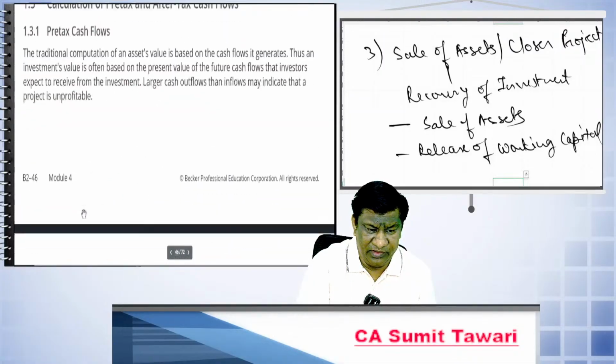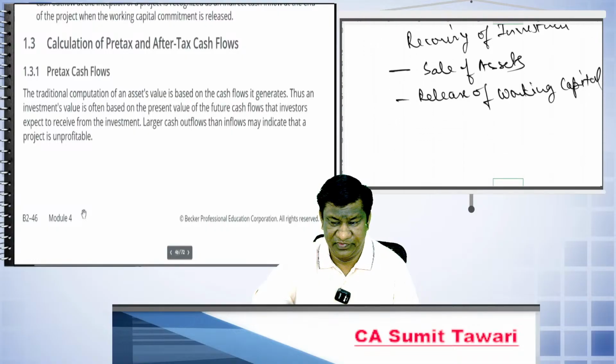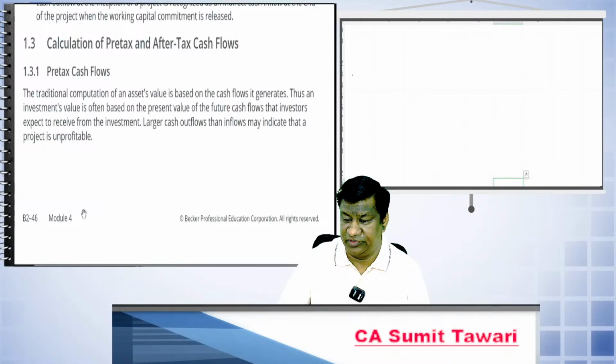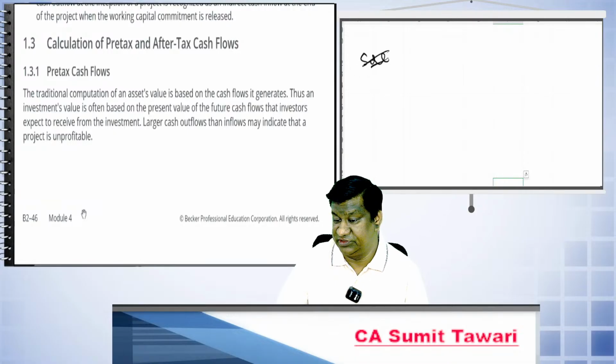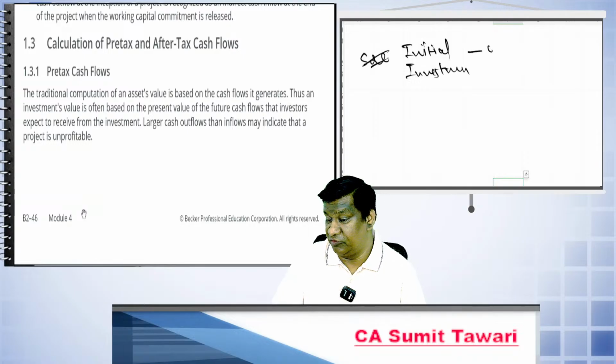Now we need to see how we are going to calculate the cash flow. As we already discussed, first it is the initial investment, then the operation phase, and then closure.